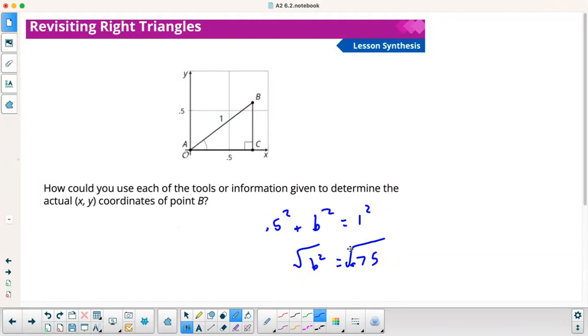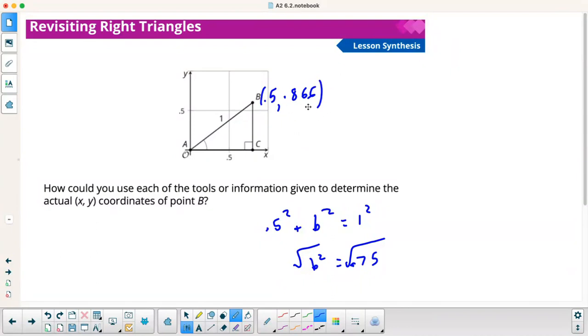So I get 0.866 is the y coordinate. The x coordinate we already know is to the right 0.5. So it's 0.5 comma 0.866.